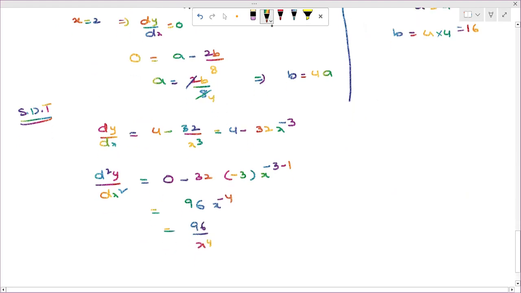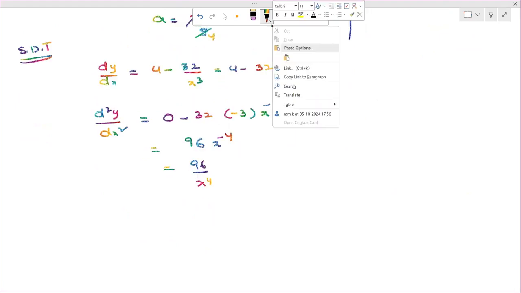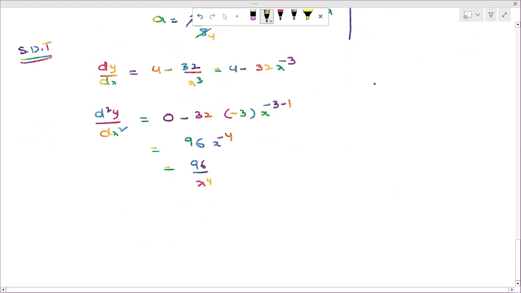Now at x is equal to 2, nature of the root they said. Now, at this point, we have to go for the nature of the root. So the point is 2 comma 12. At x is 2, d square y by dx square, substitute over here in place of x, 2 to the power of 4. 96 by 2 to the power 4 is how much? 16 times 6 is 96, so 6.